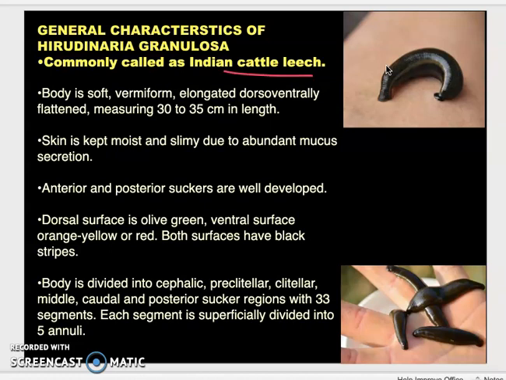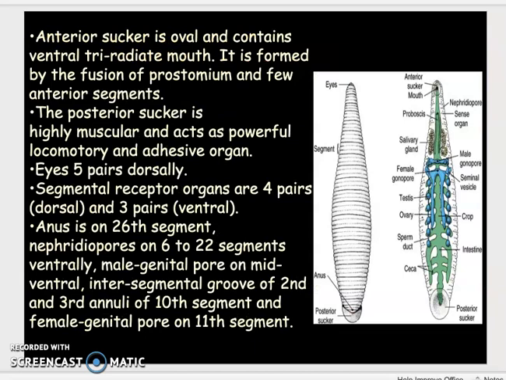Each segment is superficially divided into 5 annulae, as we have said in the previous slides. The anterior sucker is oval and contains a ventral triradiate mouth, and it is formed by the fusion of the prostomium and a few anterior segments.